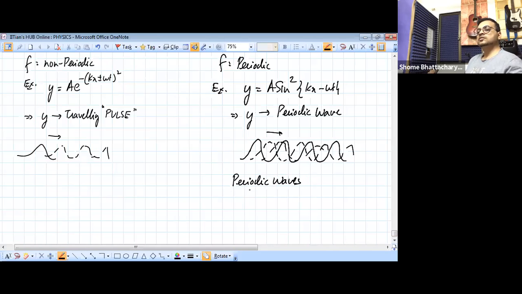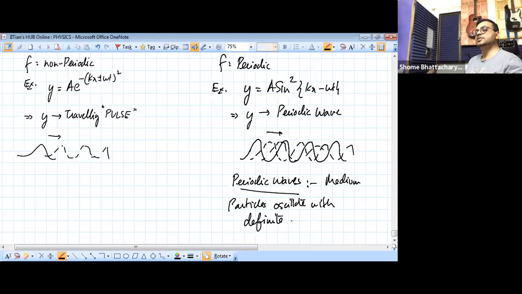involves such a thing that the medium particles oscillate with definite amplitude and time period.